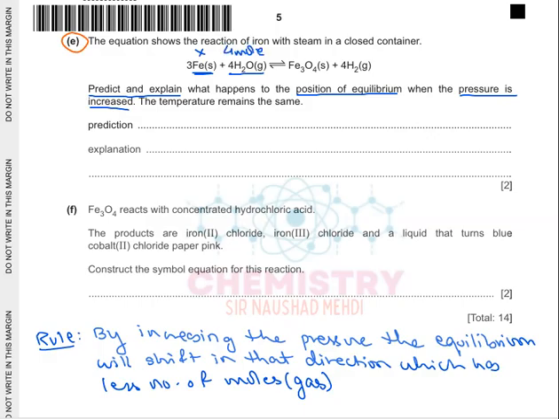4 moles are there. Similarly, on the product side, Fe3O4 is in the solid form, so pressure won't be having any impact on this. Hydrogen is a gas, so its moles are also 4. So the rule was that by increasing the pressure, the equilibrium will shift in that direction which has less number of moles of the gas. But over here you can see the moles of the gas are equal. 4 moles on the reactant side and 4 moles on the product side of the gas.